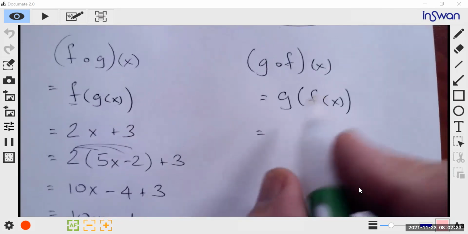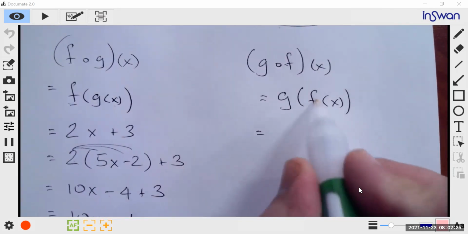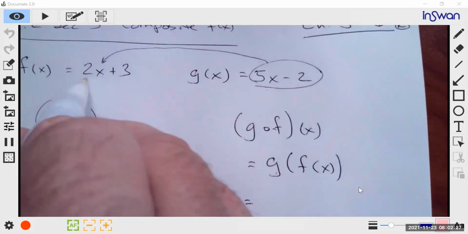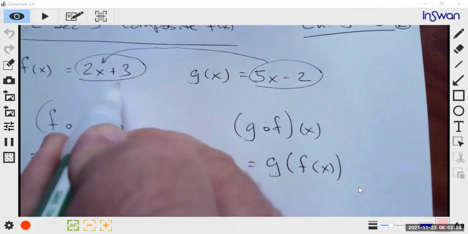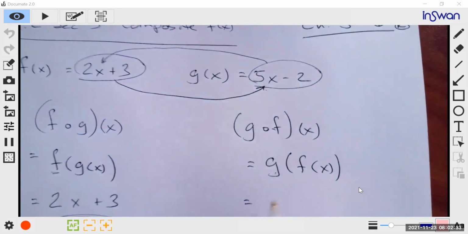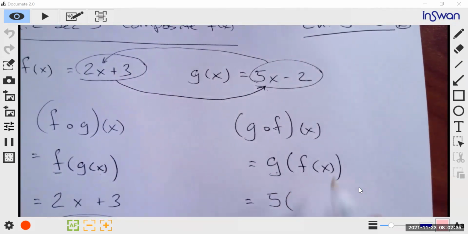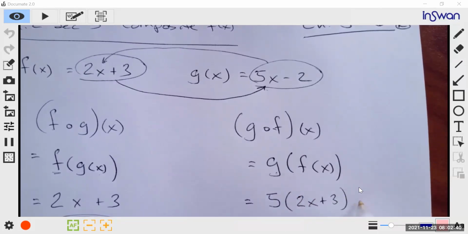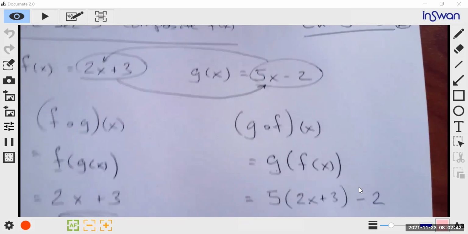Likewise, the other side. Now, what this one says is the f function goes inside the g. That means this equation, the f function, goes in place of x in the g. 5 times 2x plus 3 minus 2.